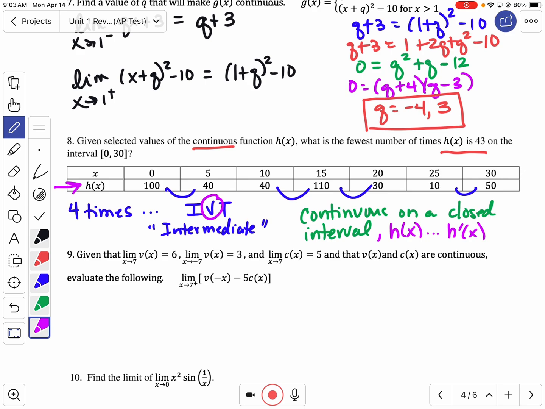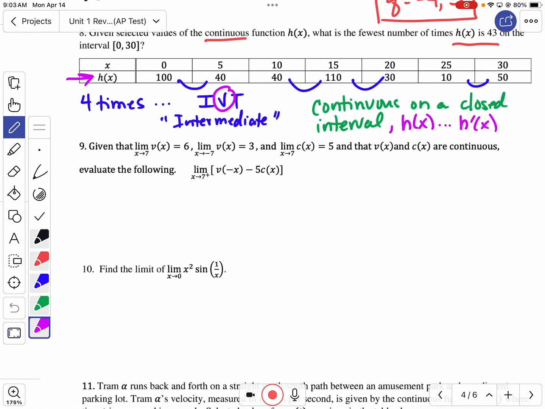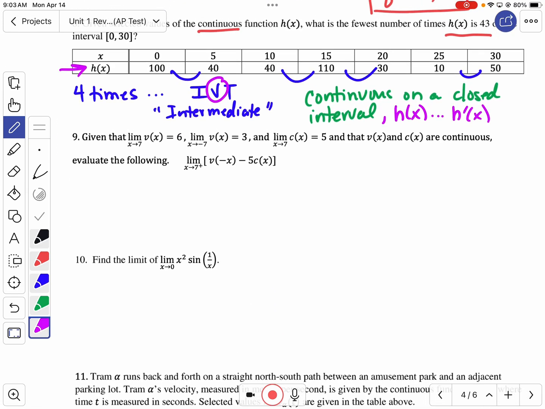All right, then we get into properties of limits. Same properties that we use with almost everything moving forward: derivatives, integrals, the whole nine yards. It wants me to find the limit as x approaches 7 from the right of v of negative x minus 5c of x. There's something a little weird in this one that you've not seen before. Here is what they gave me: the limit as x approaches 7 from both sides of v is equal to 6.